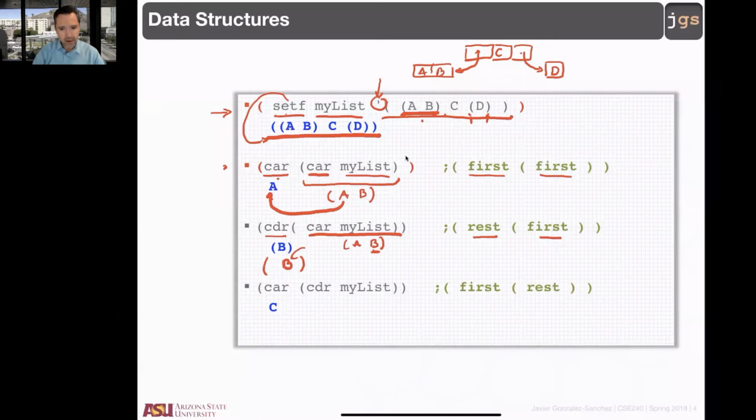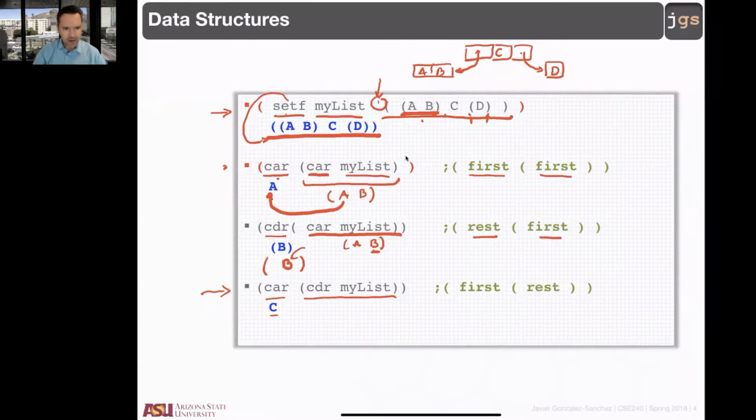Good. Now, the last one, I can do also the opposite. I can put rest here and then call for the first. Any combination is valid. Solving this one, I can tell you that the result is C.